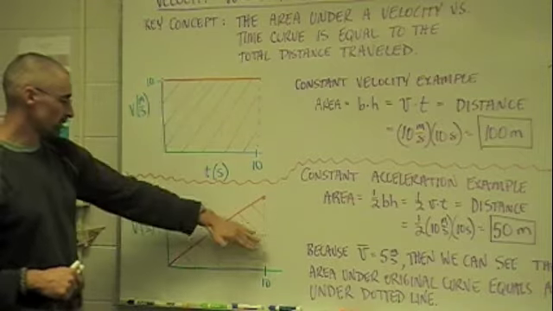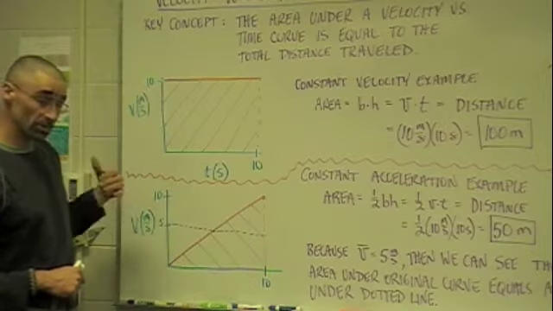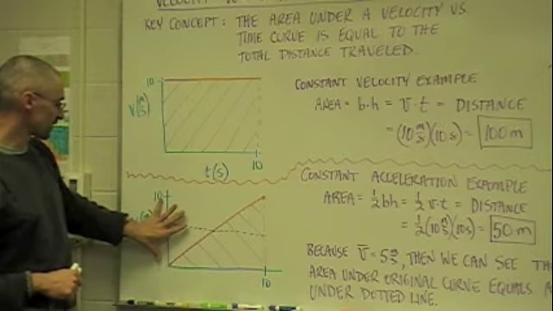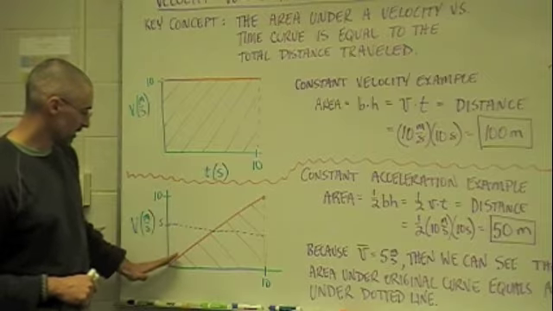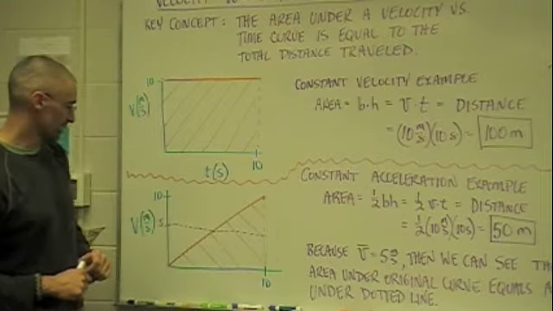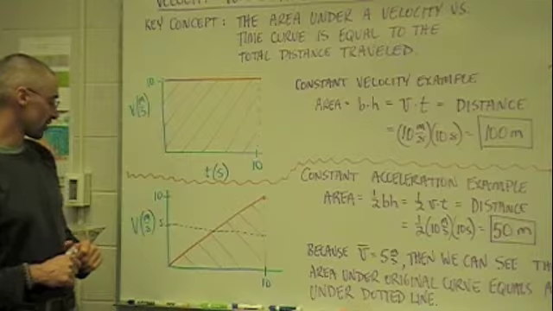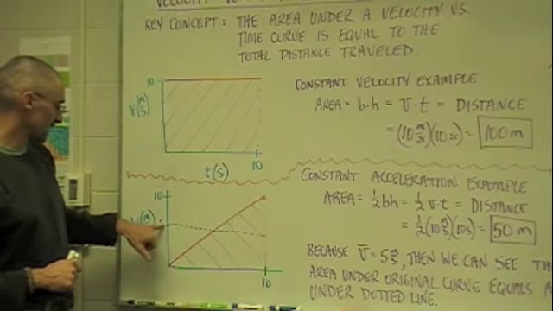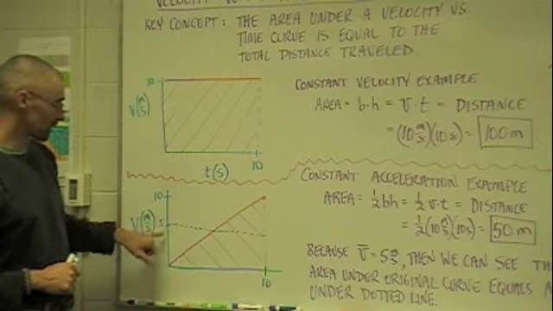This one gets a little tougher, but we just have to keep in mind that if we want to find the average velocity when the thing is accelerating and the velocity is varying linearly with time, we just basically take halfway in between where we start and where we finish.